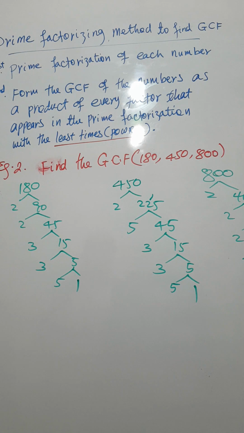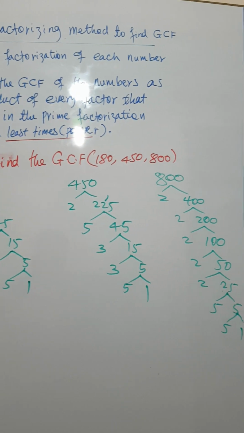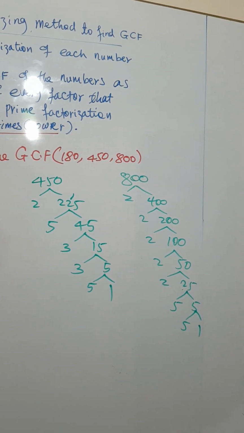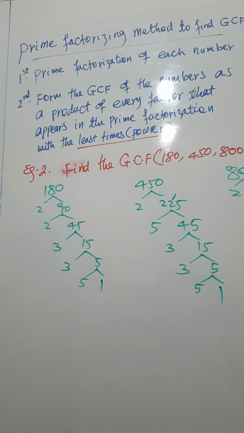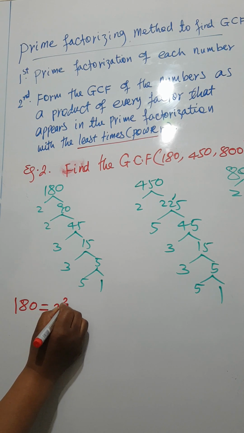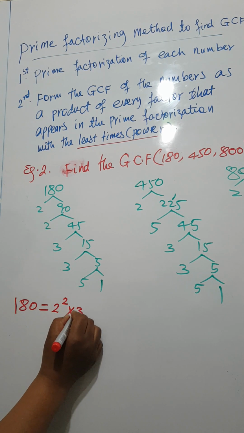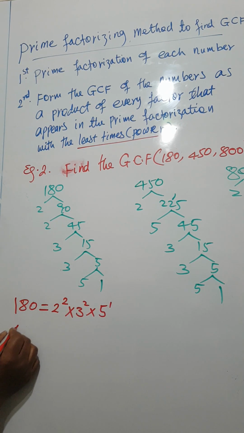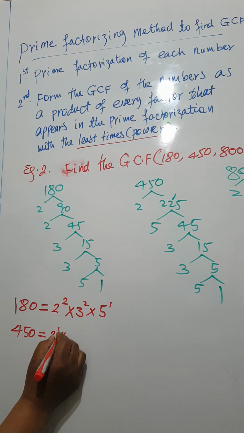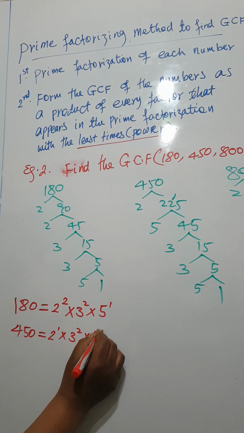So the factors of every number can be written as follows. 180 is equal to 2 to the power of 2 times 3 to the power of 2 times 5 to the power of 1. 450 is equal to 2 to the power of 1 times 3 to the power of 2 times 5 to the power of 2.